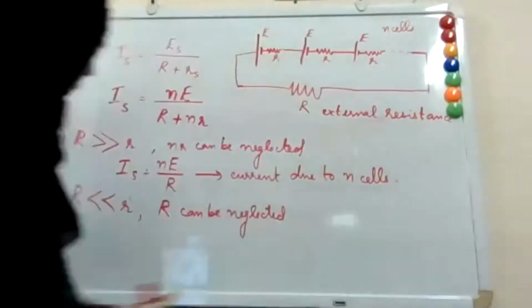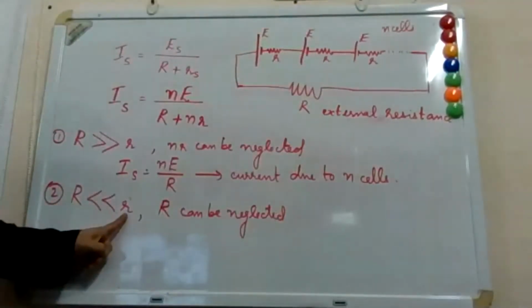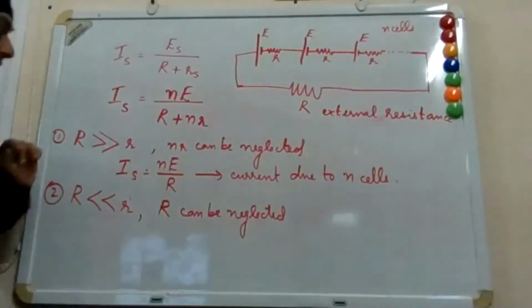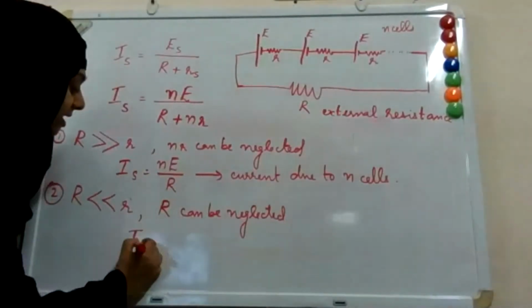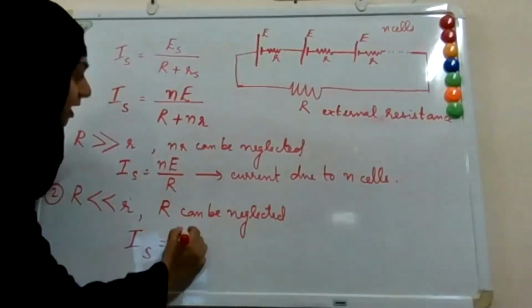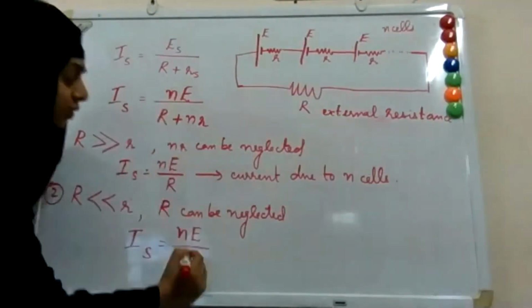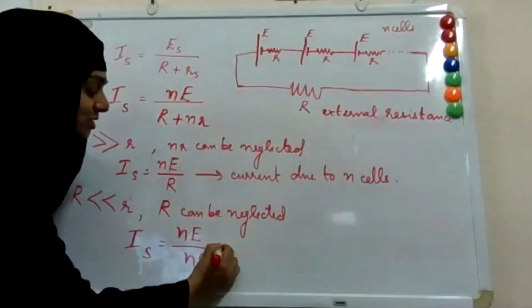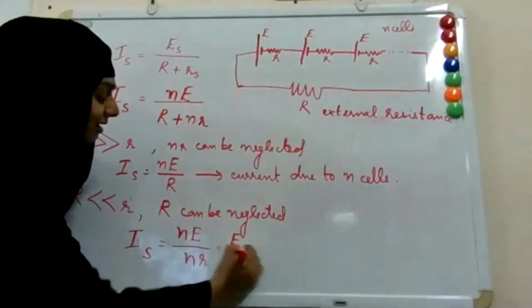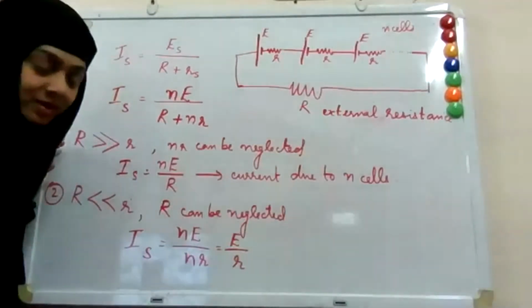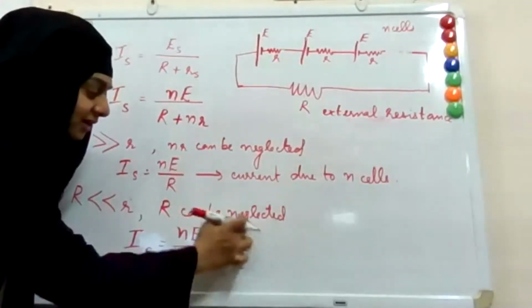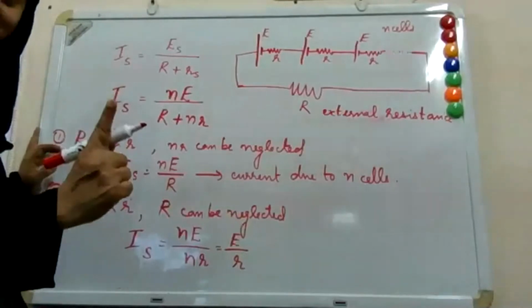So in cases where capital R is very much less than small r, Is will be equal to nE divided by, I'm neglecting capital R, nr. So this is equal to E by r. So this is the current due to one cell.